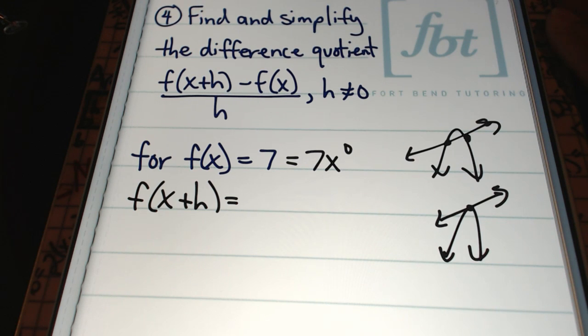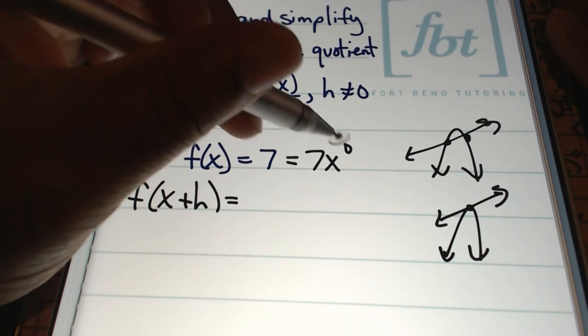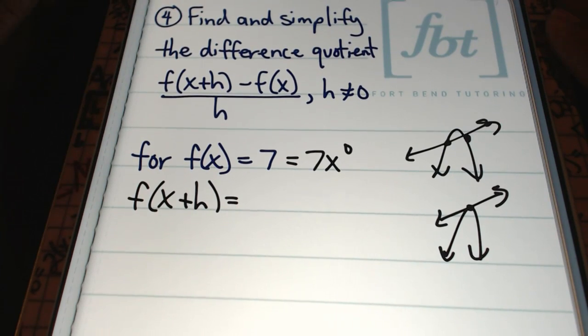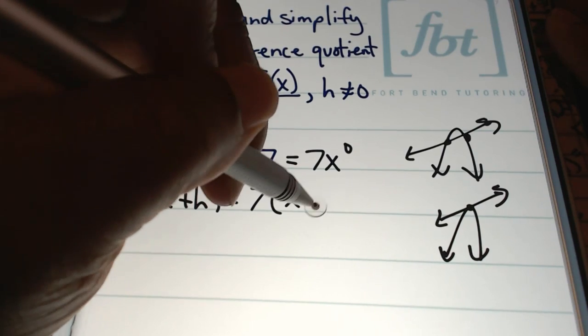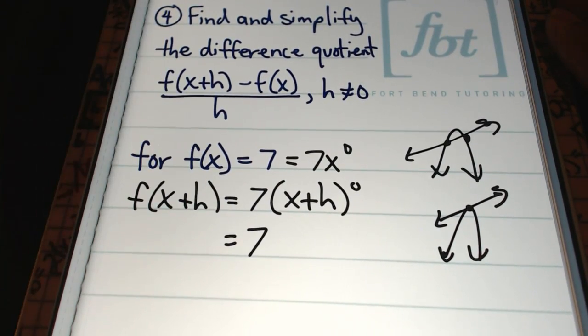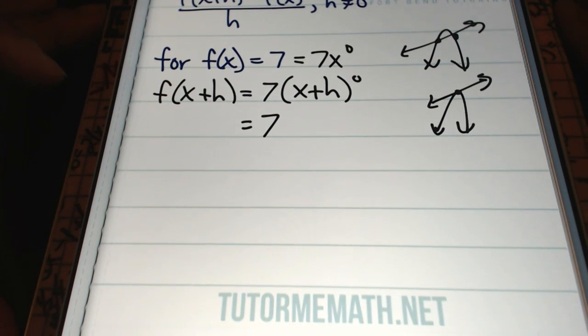If you wanted to truly show a lot of work, you could rewrite this by plugging in x plus h, where you would still end up with 7, because 7 times x plus h raised to the 0 power is still going to give you 7.